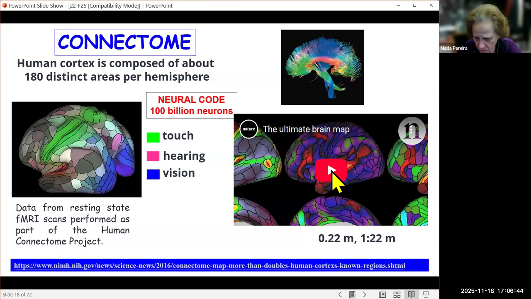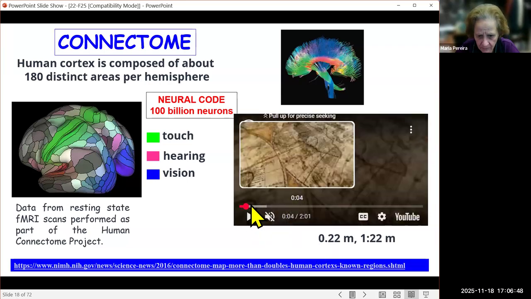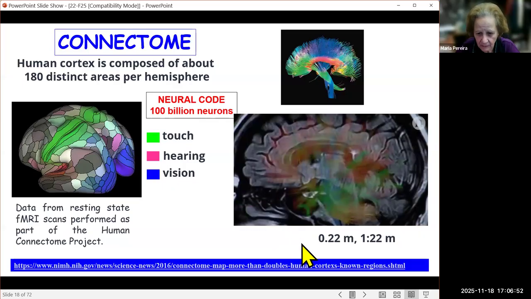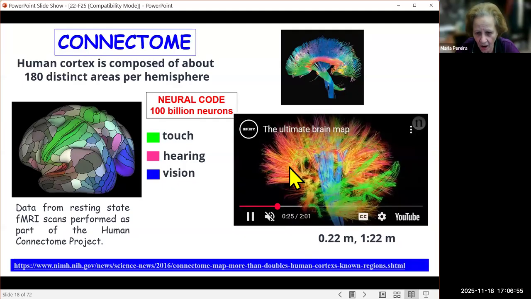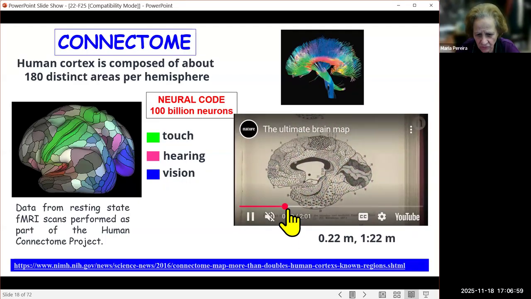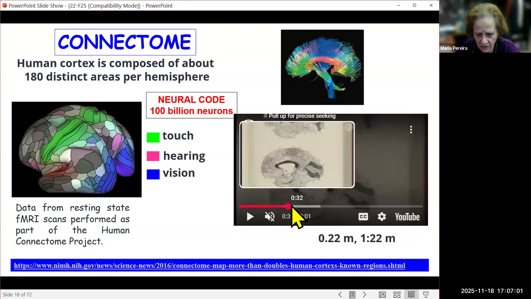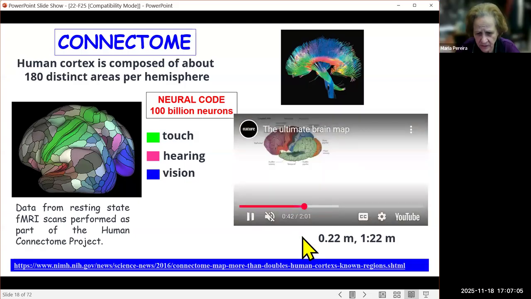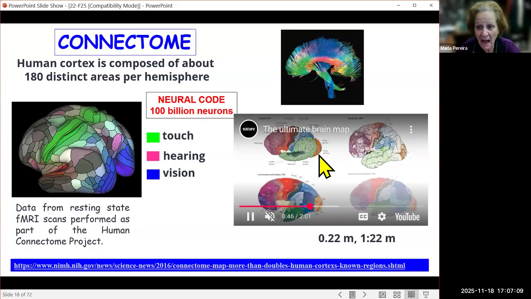And I'm just going to show here, let's see, line 22. So you see how complex. You have 100 billion neurons, 100 billion connections going from A to B to C to D. And you see how one can map the different areas of the brain.